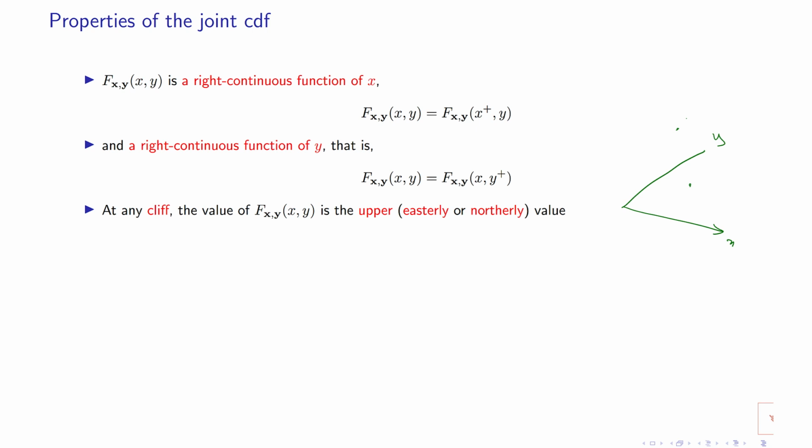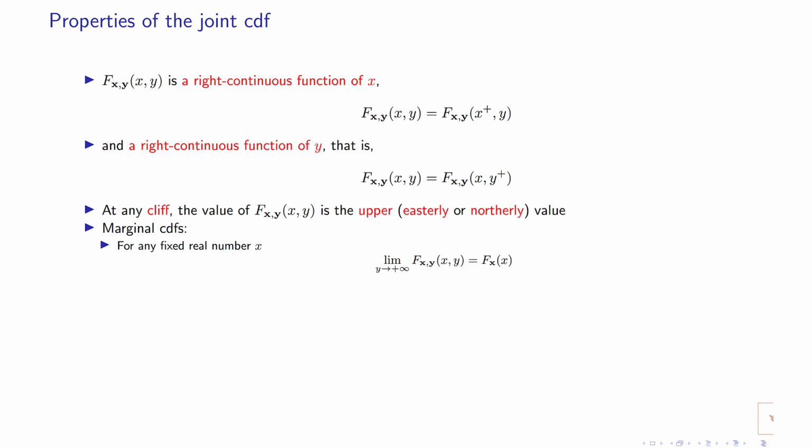So it's kind of like the marginal CDF. The marginal CDF is where you want to get rid of one of the variables. So you substitute one of them with plus infinity, because F_XY of x and y is the probability that X is smaller than or equal to x and Y is smaller than or equal to y.